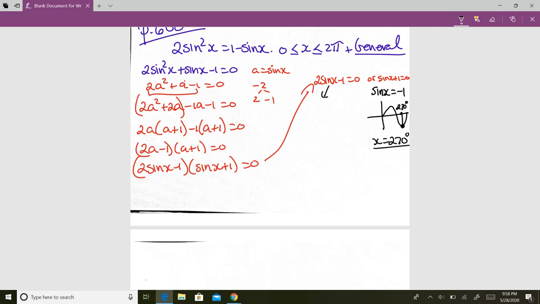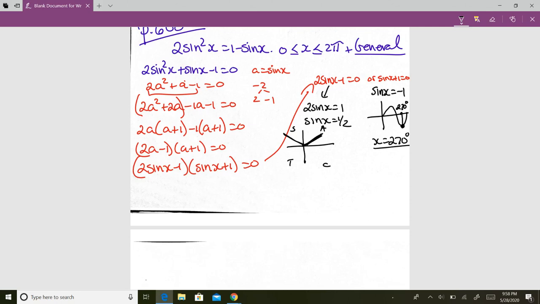For this one, I move the 1 over, sine x is equal to 1 over 2, divide off the 2, and this I have to use my reference angles and all that. So we go, okay, where's sine positive? Add sugar to coffee, and it's positive in the first quadrant and the second quadrant.